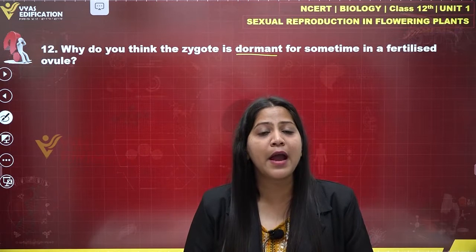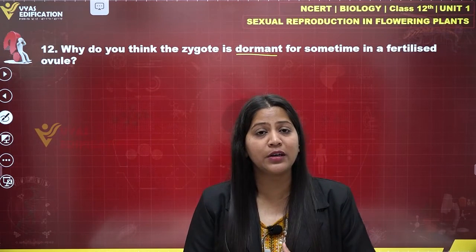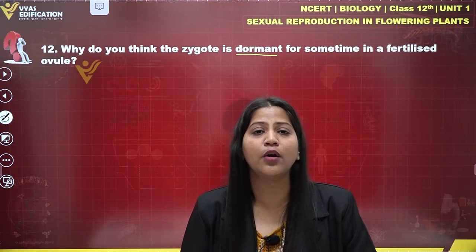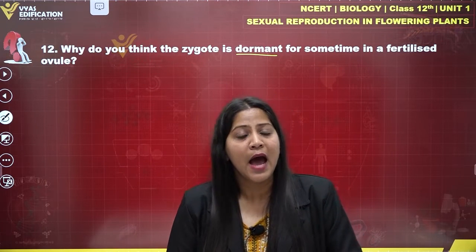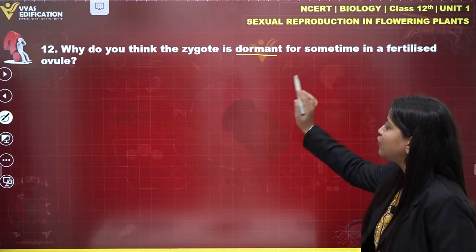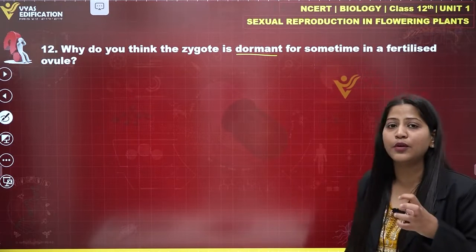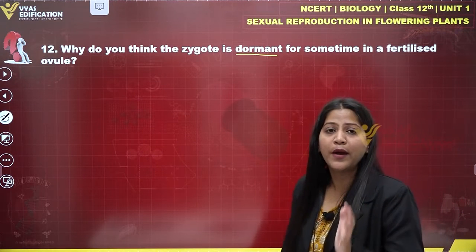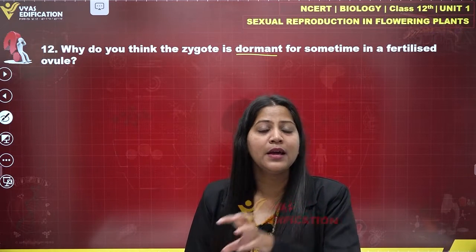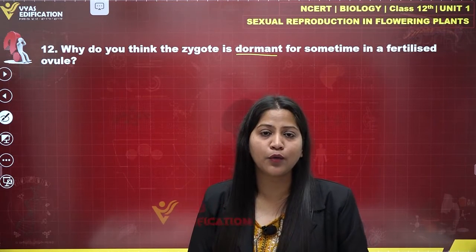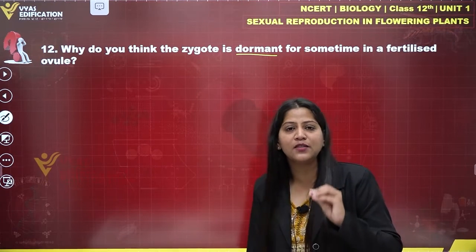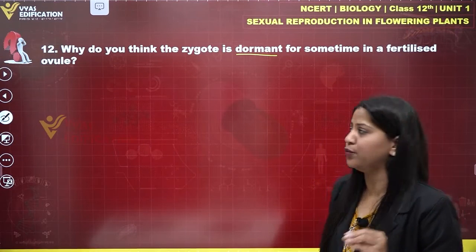The formation of endosperm, which is a large nutritive tissue, ensures the source of nutrition for the developing embryo. Because of this, the zygote is dormant for some time in a fertilized ovule, so that when the embryo is developing, it will have a sufficient amount of nutrition from the endosperm. That is why the zygote remains dormant in a fertilized ovule.